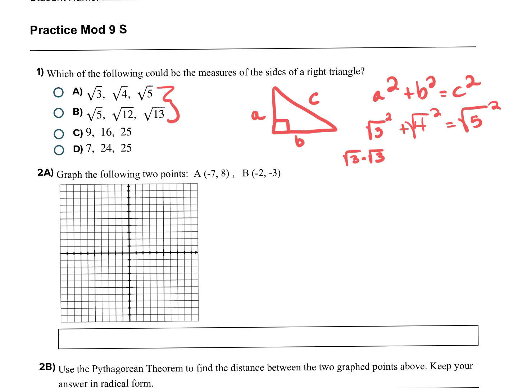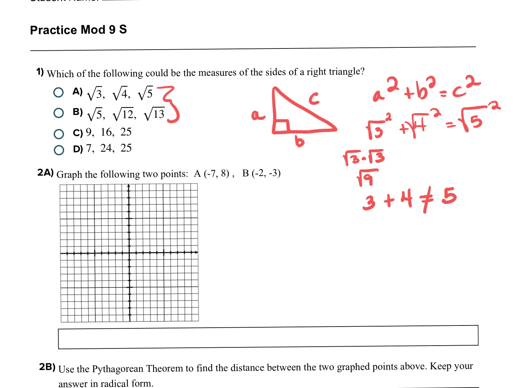The square root of 3 times the square root of 3 is the square root of 9, which equals 3. So anytime you square a square root, whatever's on the inside is what your answer is going to be. So the square root of 4 squared is going to be 4, and the square root of 5 squared is going to be 5. This does not equal: 3 plus 4 does not equal 5.